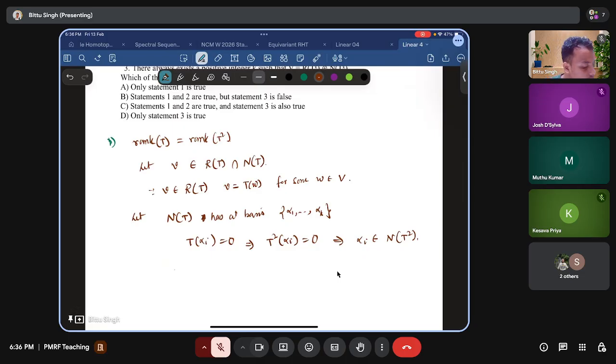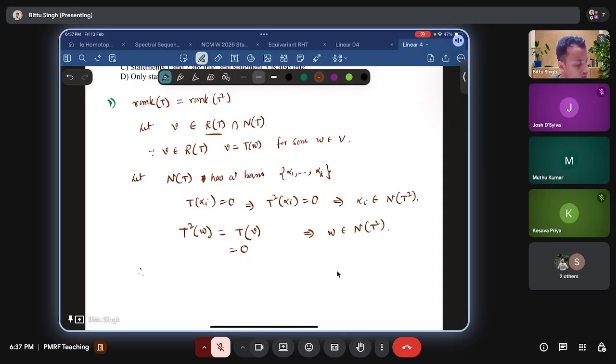Moreover, T square of this W is the same as T of TW. TW is the same as V, but V belongs to the null space. V belongs to both range space and null space. So TV becomes 0, right? That means W also belongs to the null space of T square.